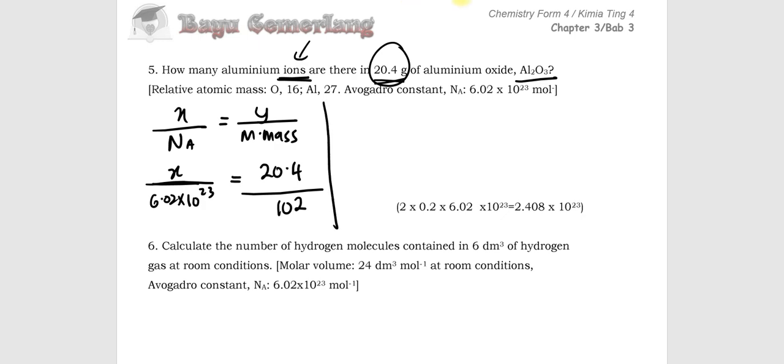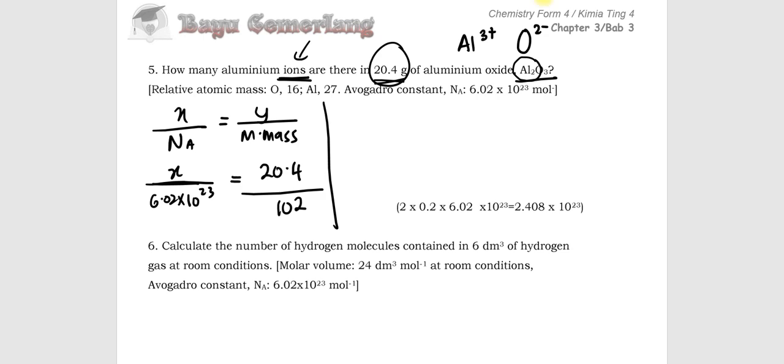Okay, aluminium ions. Look, it gave Al2O3, right? So how is the ion? Al3 plus, correct? Al3 plus and O2 minus. You all don't know this because you never learned yet.